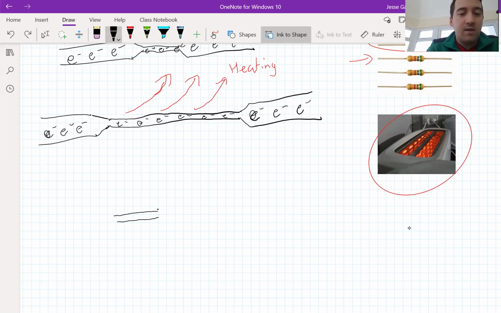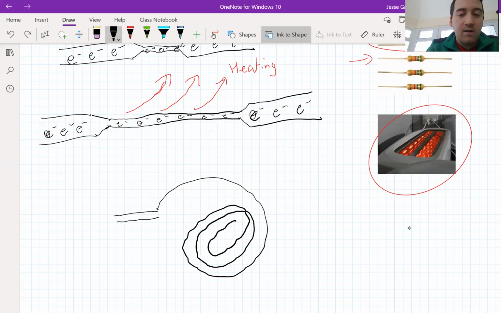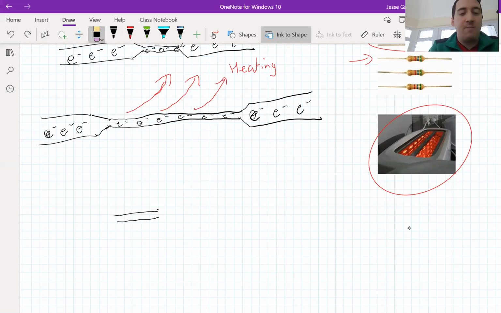I can't draw it, but you'll have a steel casing, and inside you'll have loads of wire that's all curled and coiled up. By curling all the resistance wire up, you can make it really, really long and make the resistance much higher, and that will allow for much more heat to be transferred. Sorry, I can't do a good job of drawing that now.